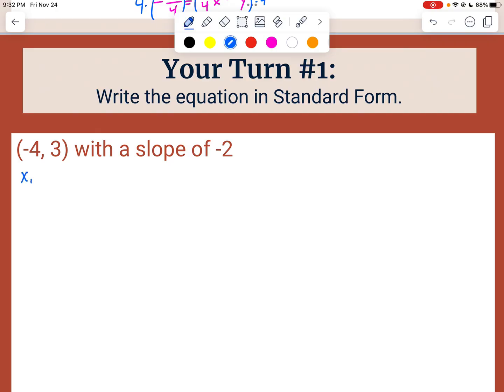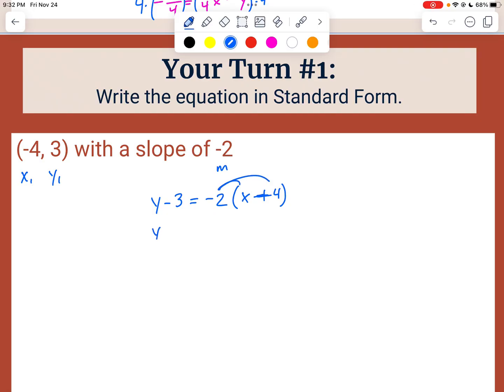All right, at this point you should be done. I'm going to label my points. Hopefully you did that as well. Then you plugged this information into point slope form. So y minus y1 equals slope times x minus x1's negative 4. We got a double negative there, so it's plus 4.